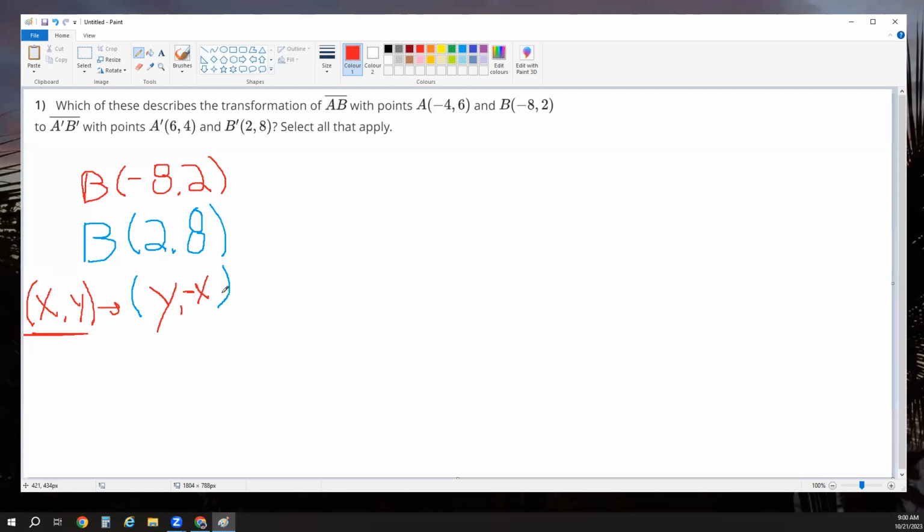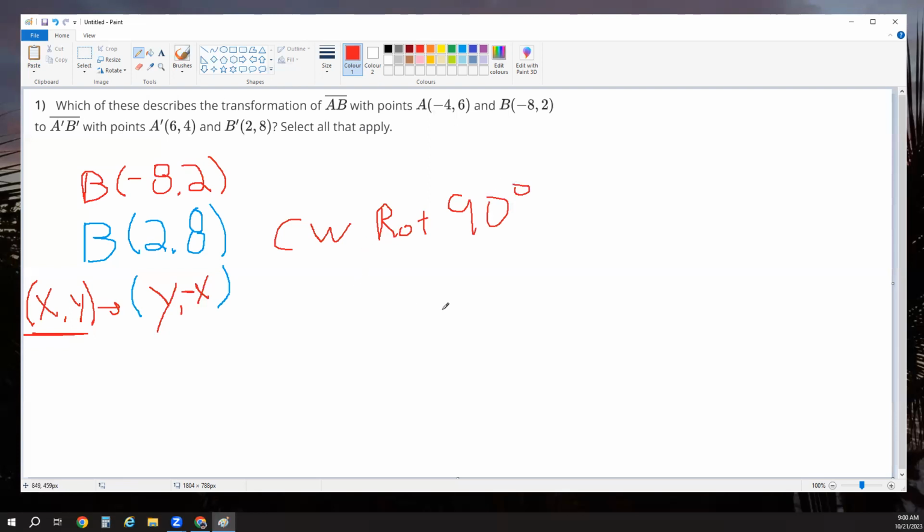And I know that when I flip and flop my x and y's, that is a rotation of 90 degrees. If I put the negative in front of the x, that is a clockwise rotation of 90 degrees.